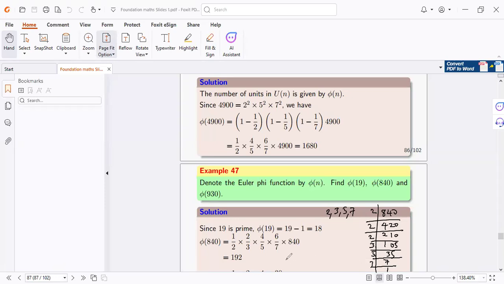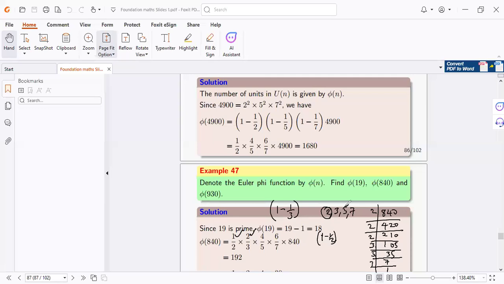Then after finding that, just take 1 out of this 2, subtract from 1 to get a half. And then 1 out of 3, subtract from 1 to get 2/3.